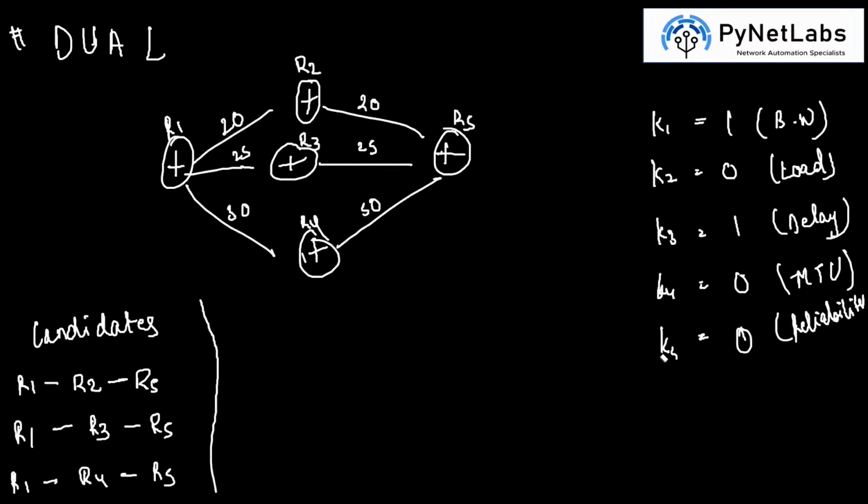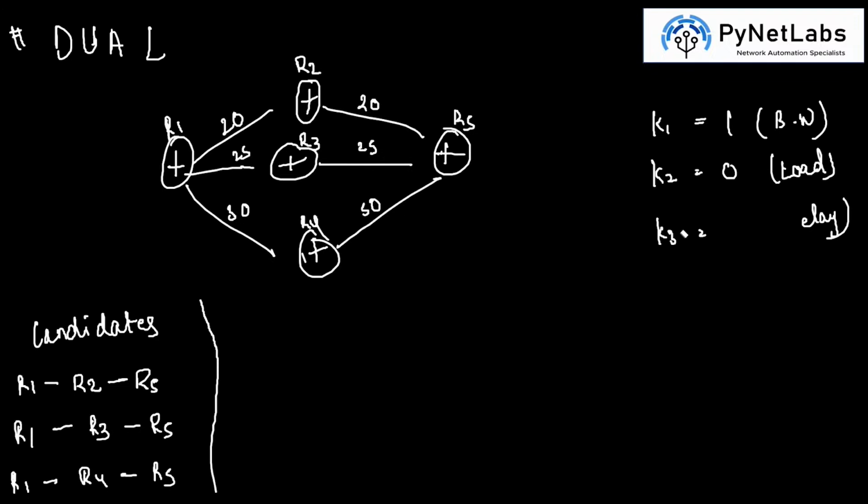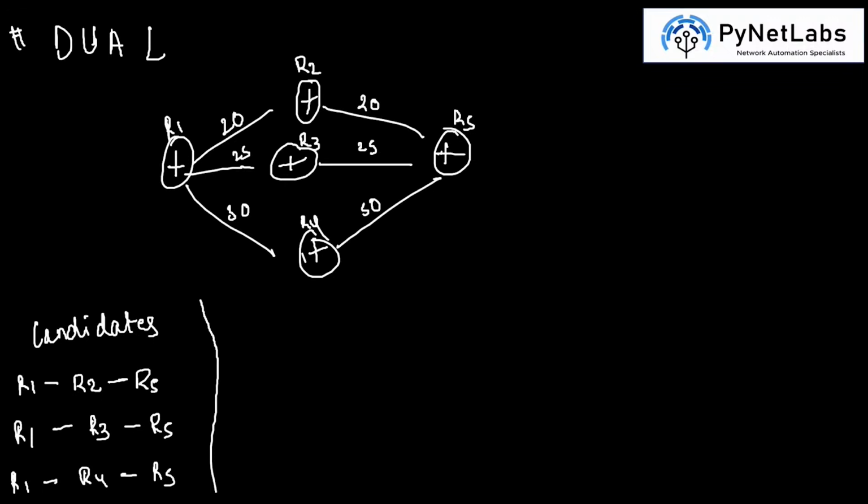Now we have something known as feasibility distance and advertised distance, which help us determine the best route for EIGRP.